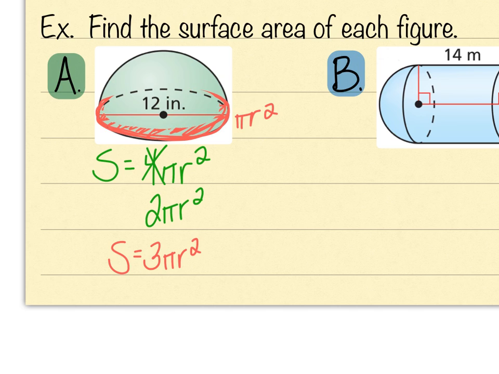It's giving me the diameter of 12, and that would make the radius then a 6. So 3 times pi times 6 squared. We said 6 squared is 36. 36 times 3 is 108, and I'm going to times that by 3.14 to get 339.12 inches squared.